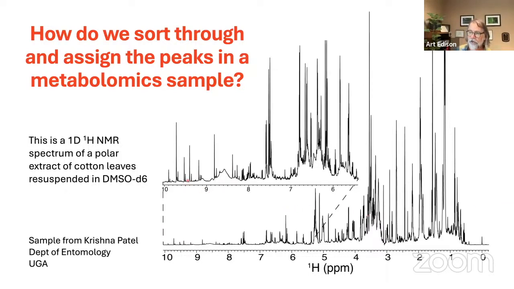We're going to use the cotton leaf data to show SAND tomorrow with Frank Delaglio and what you can do with this kind of complicated spectrum using SAND. Chris is going to show what you can do with this on a fraction library on Thursday. So there's a lot that you can do to sort this out, but this is a very complex spectrum, probably more complex than urine, which is often the case with plants. And so that's what we're going to be talking about going forward.